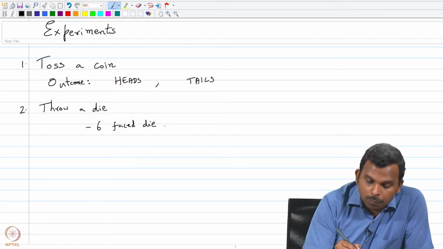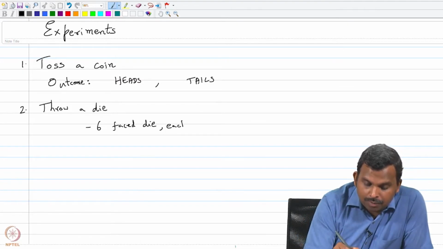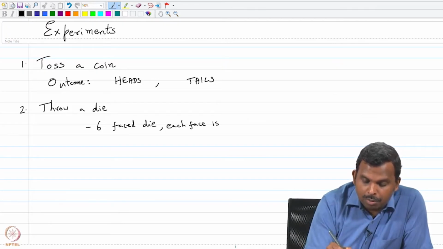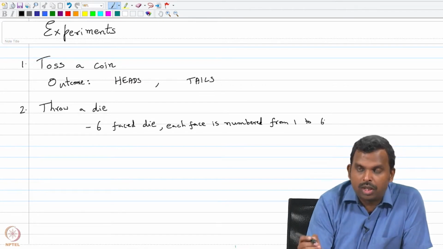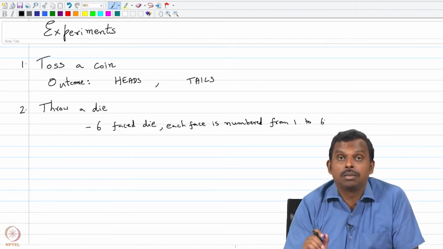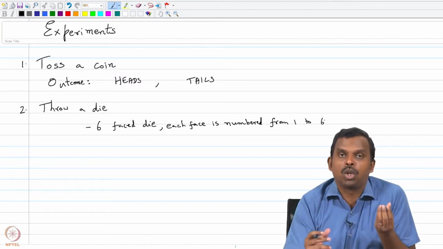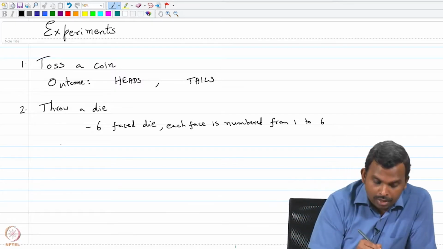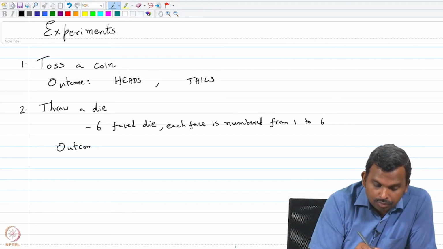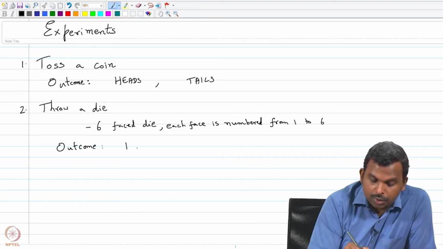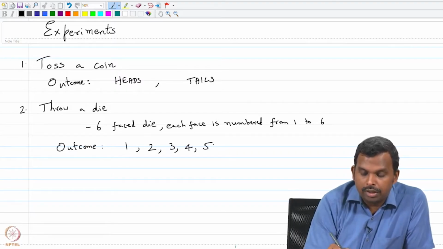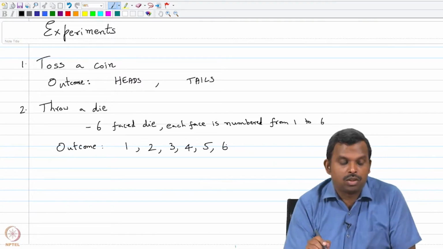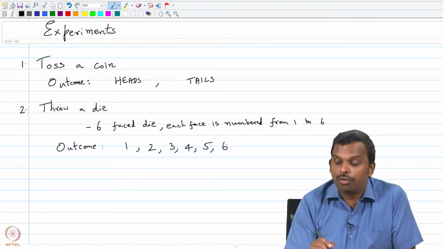Each face is numbered from 1 to 6. And when you throw it, you do not know which side is going to come up on top. So, that is the outcome of the experiment. The outcome is one of 6 possibilities. It could be 1, 2, 3, 4, 5, or 6. So, this is the second experiment that we will use often in our examples.